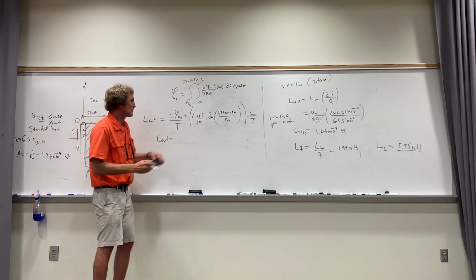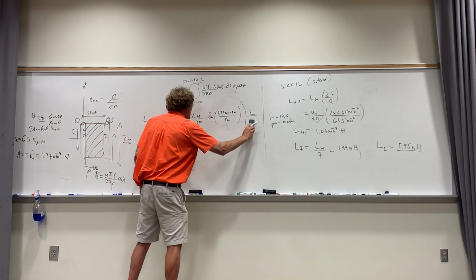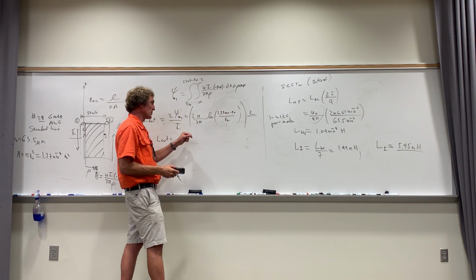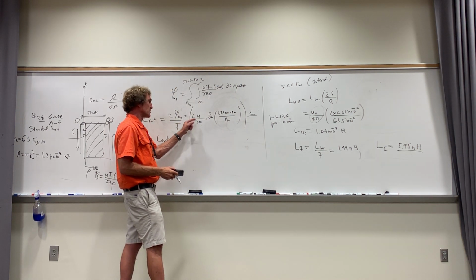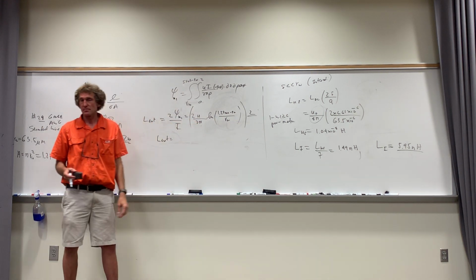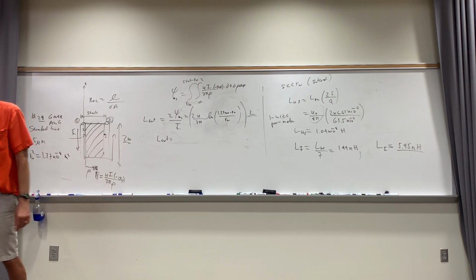It's 2, forget I, it cancels. So it's going to be 2 times 2 is 4, divided by 2 is just left with 2. So we got 2 mu over pi natural log of that. Everybody get it?